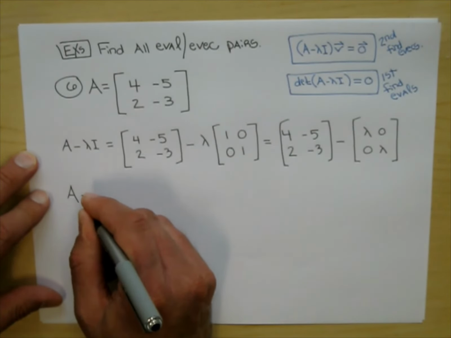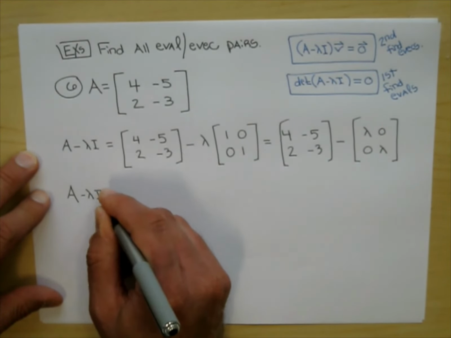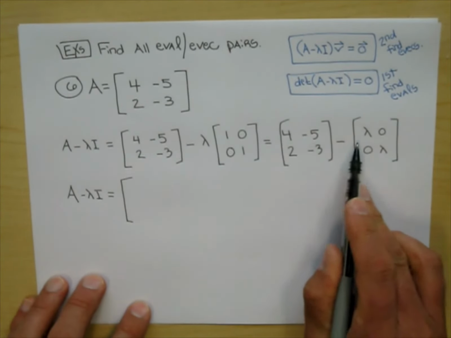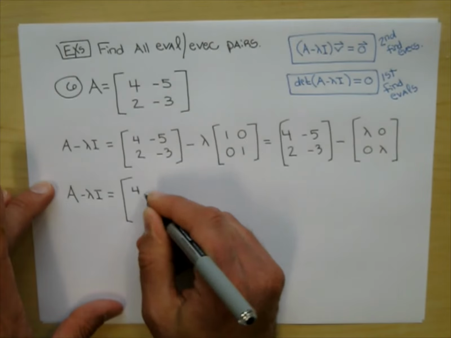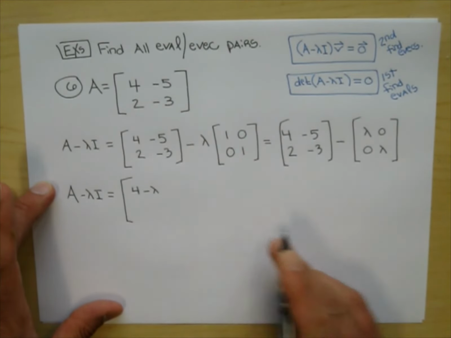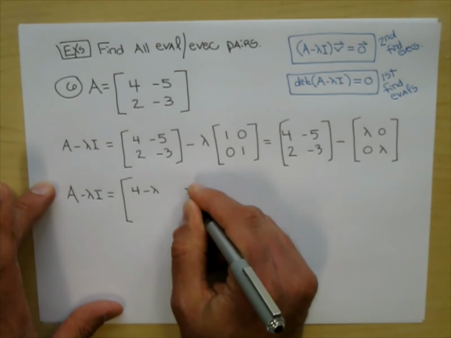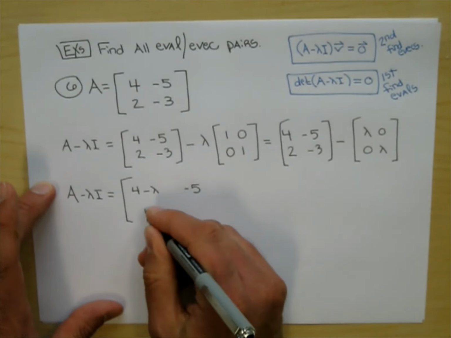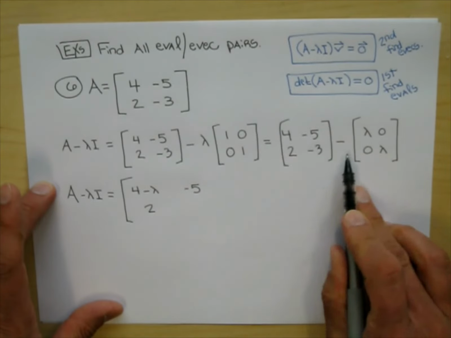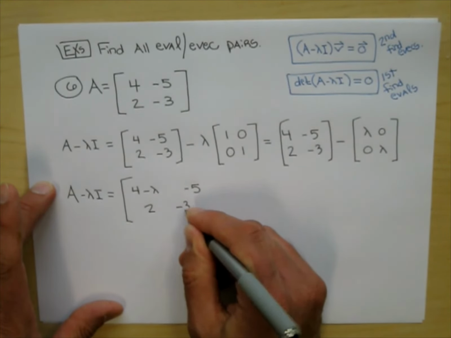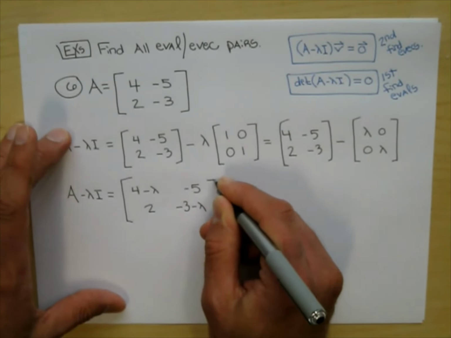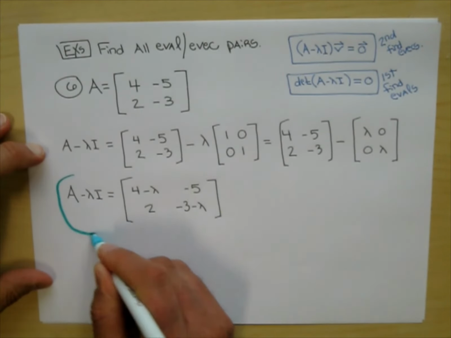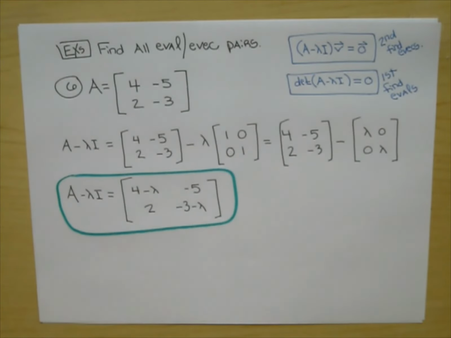So A minus lambda I, putting it all together into one 2 by 2 matrix, is going to look like this: 4 minus lambda, negative 5, 2 minus 0, which is 2 right there, and then negative 3 minus lambda. And I'll box this, or circle it, in a color.